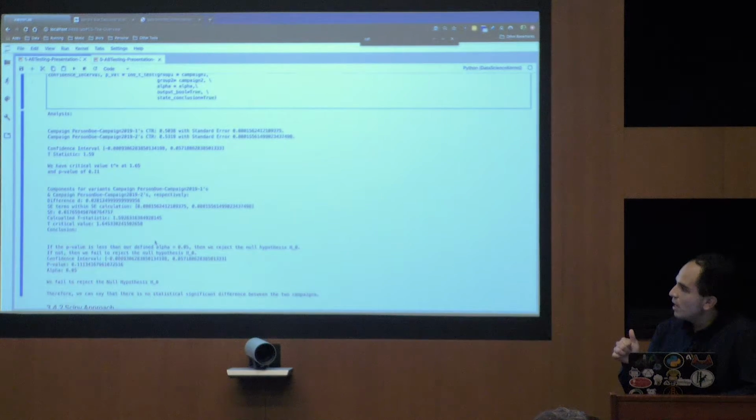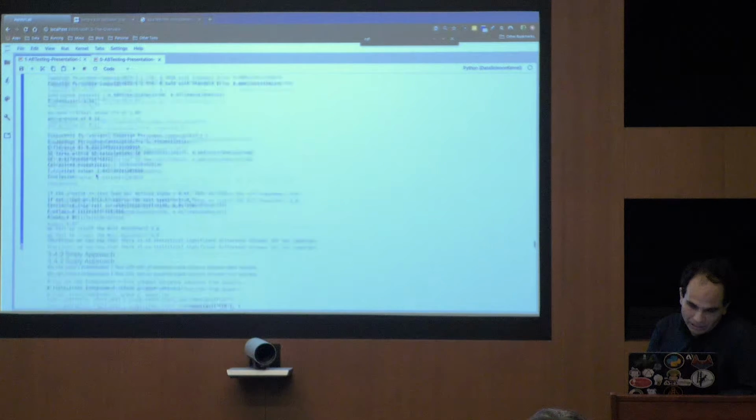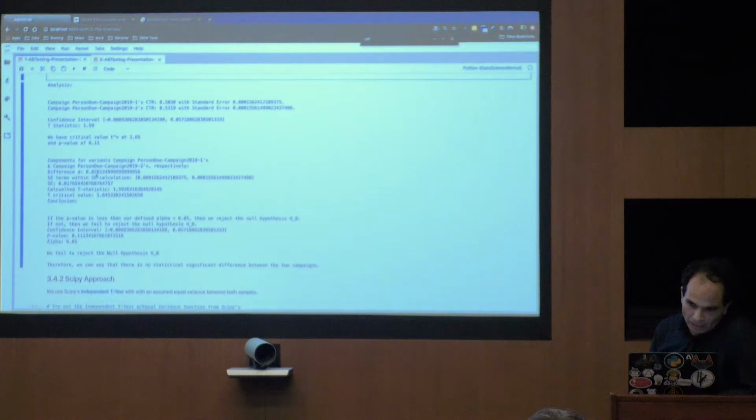You can look at the p-value that we calculated, 0.11, which is the probability of observing a value as extreme as the one you're comparing to, assuming the null hypothesis is true.